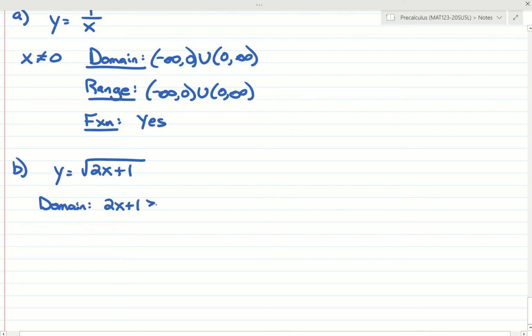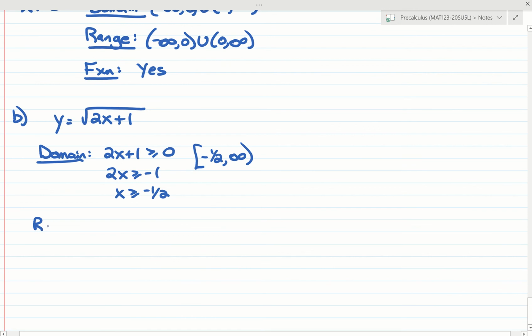We set that greater than or equal to 0. You can't take the square root of a negative. You get an imaginary number. So this would be 2x is greater than or equal to negative 1. x is greater than or equal to negative 1/2. So in interval notation, we would write negative 1/2 to infinity.